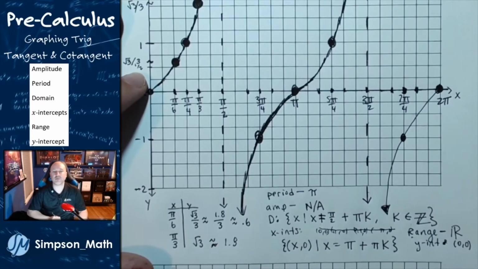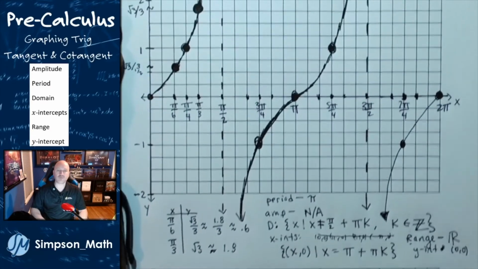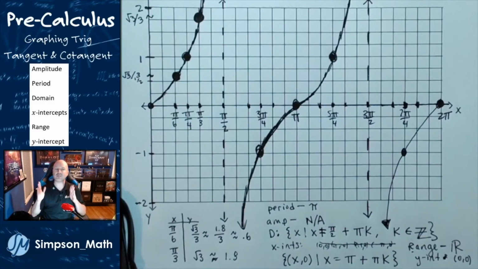That coordinate is 0, 0. All right, so tangent shows all of its values much faster than sine and cosine. It only takes me 1 period. And it has this cubic, squished cubic feel to it.